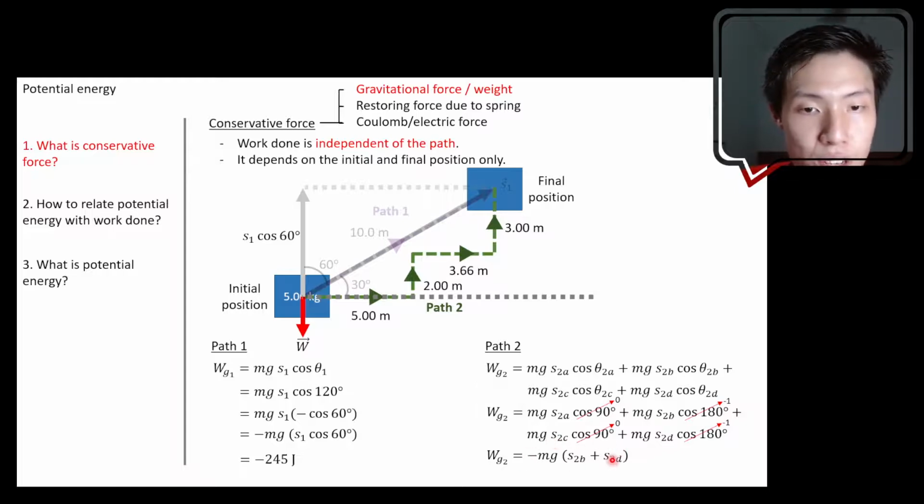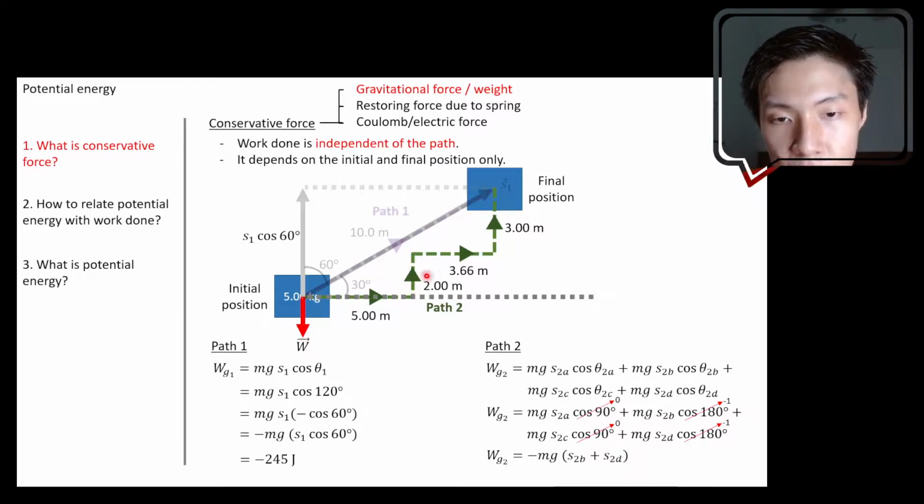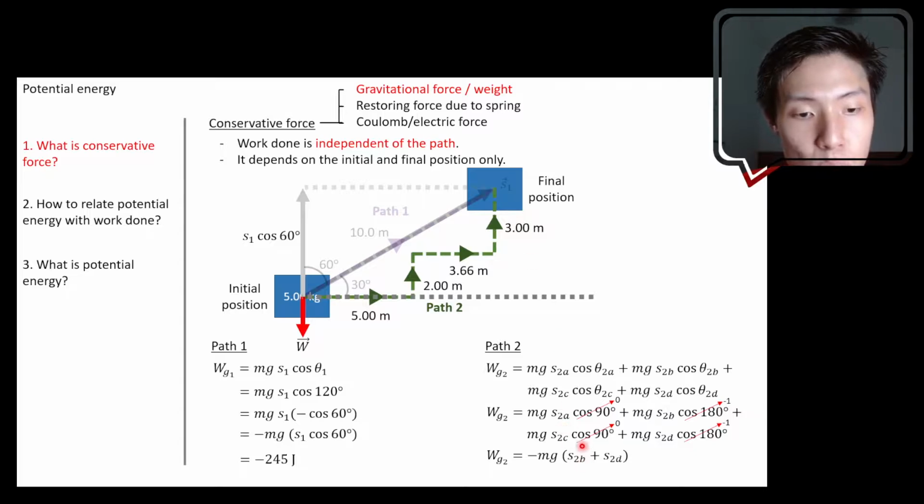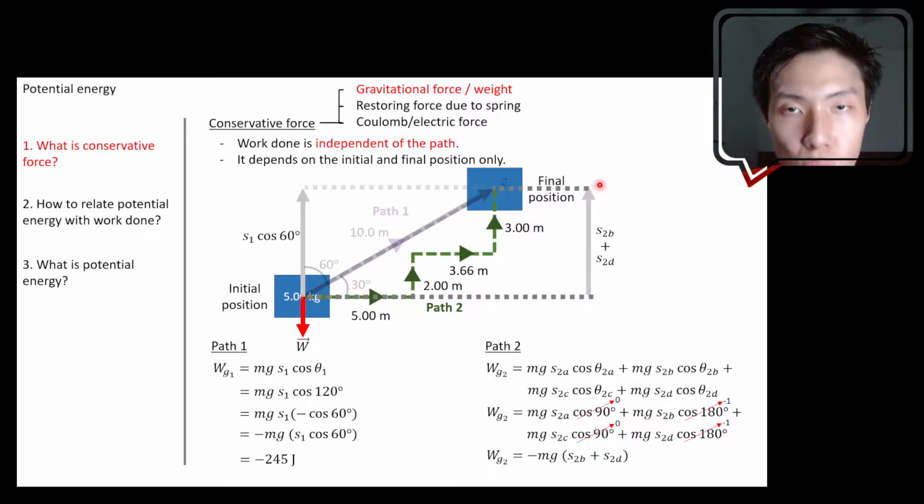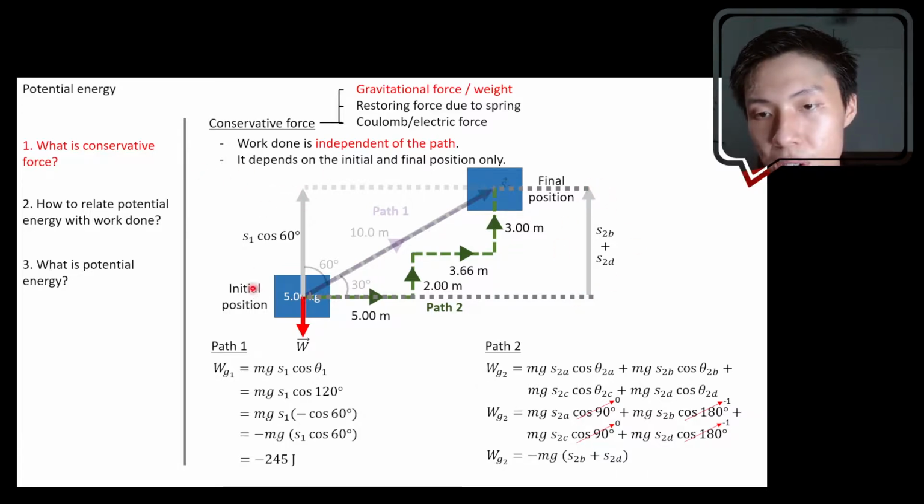Now, at this point, you should notice something interesting, because S2b and S2d is the displacement of this portion of the journey and this portion of the journey. So if you add up these two vertical displacements here, essentially what you're doing is you're finding the change in height of the object when it moves from the initial position to the final position. And this is exactly the same as what you have calculated here for S1 cos 60 degree.